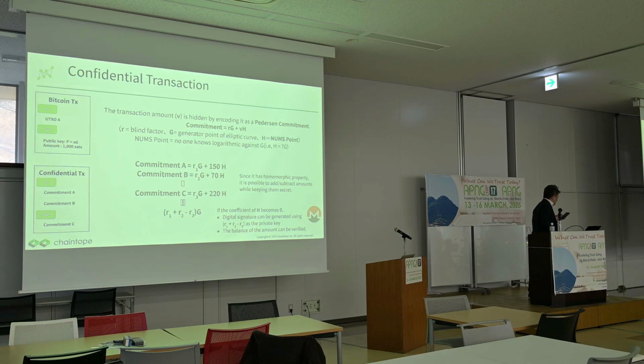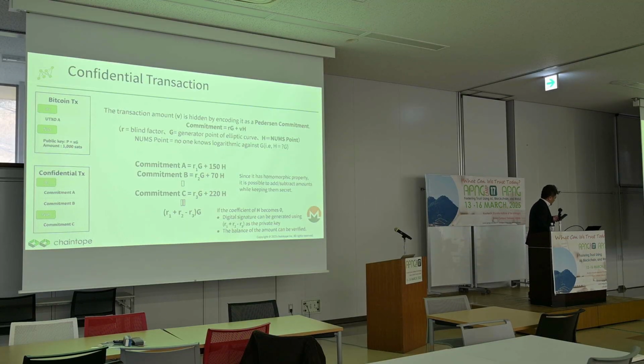Since the commitment has homomorphic properties, it is possible to add and subtract amounts while keeping them secret. For example, let's create a transaction with two commitments A and B as input and commitment C as output.